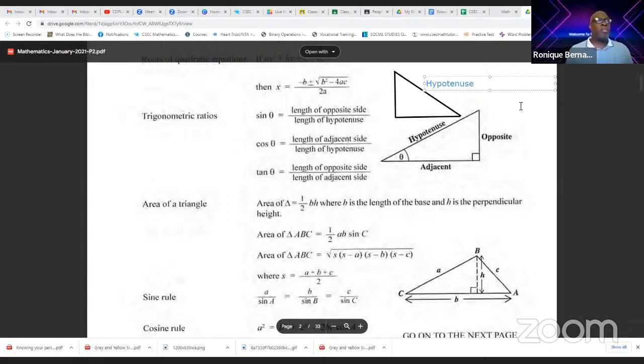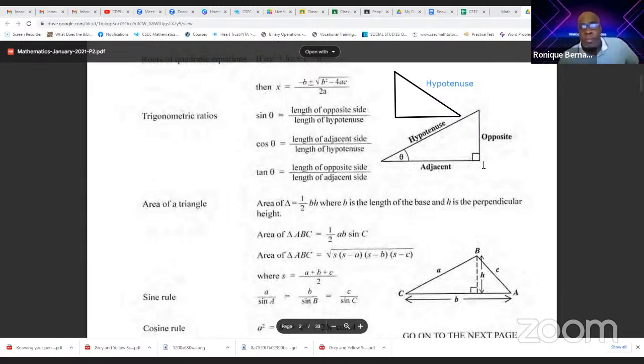Always going to be the hypotenuse. Now, to determine which of the other lengths is adjacent or opposite, it is dependent on the reference angle, the angle that is being referred to. In this case, this angle here is being referred to. So the line opposite to it is called the opposite side. And of course, the other is the adjacent side. Making sense?